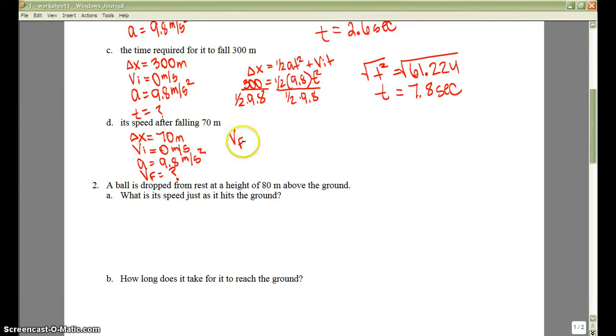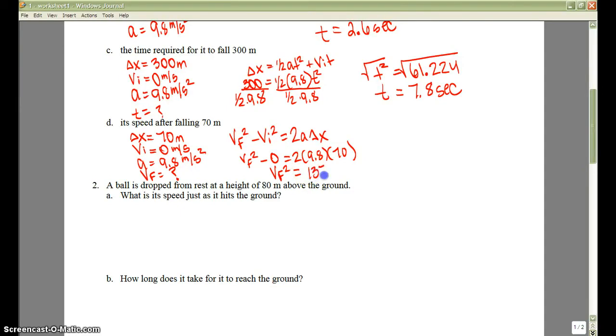We want to use velocity final squared minus velocity initial squared is equal to 2a times delta x. Plugging in our numbers, we get v final squared minus 0 equals 2 times 9.8 times 70. We can get rid of that 0 and say that v final squared is equal to 9.8 times 2 times 70.